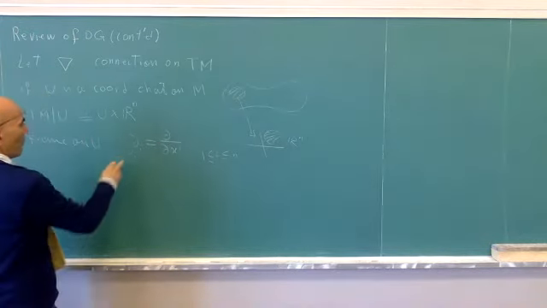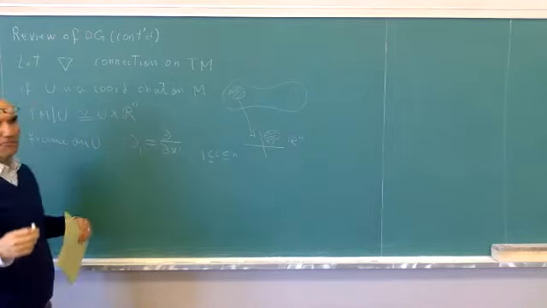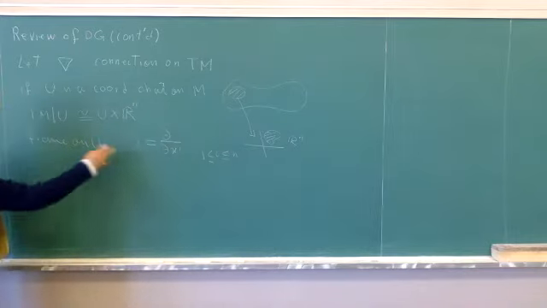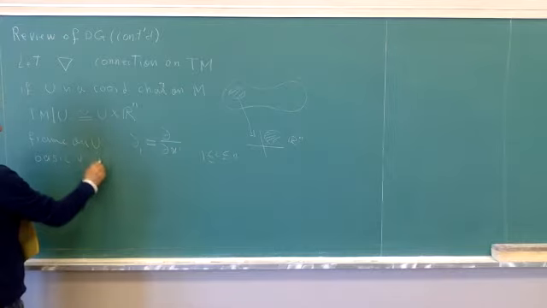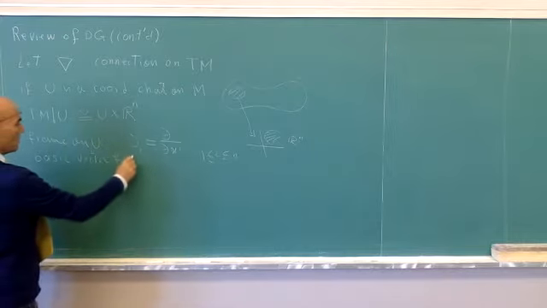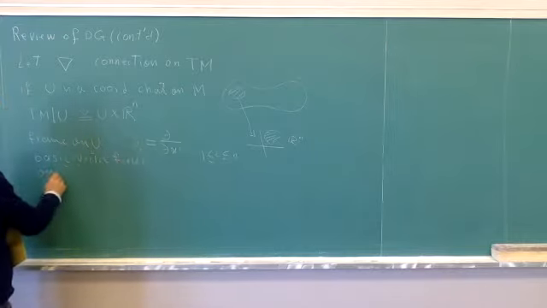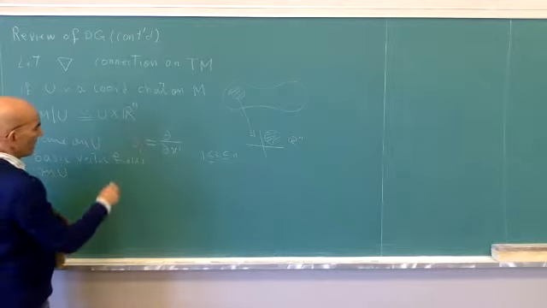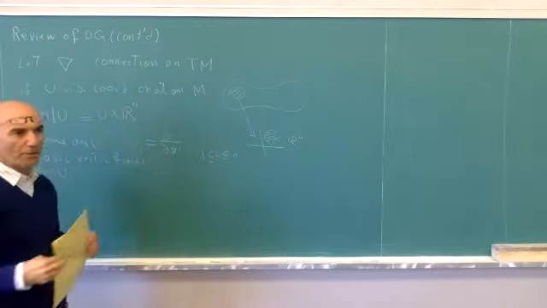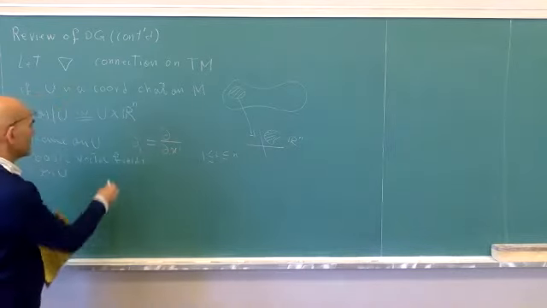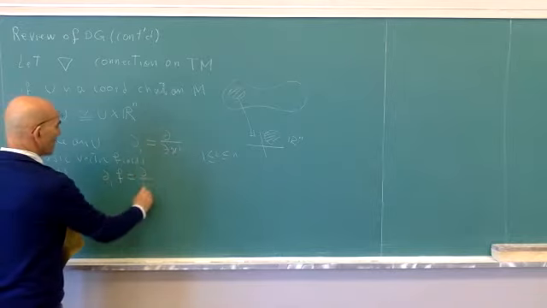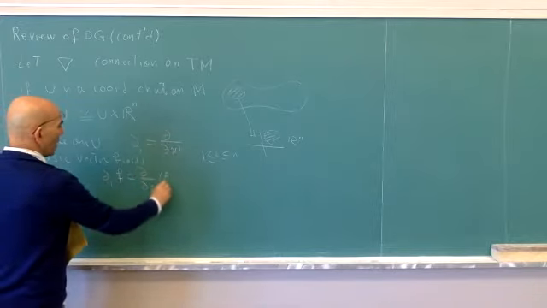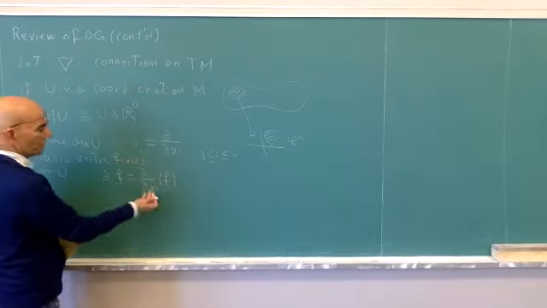One interpretation is that these are basic vector fields on U, right? If you think of vector fields as derivations, then this is just ∂i of f equal to ∂/∂xi of f. It's just partial derivatives, right?